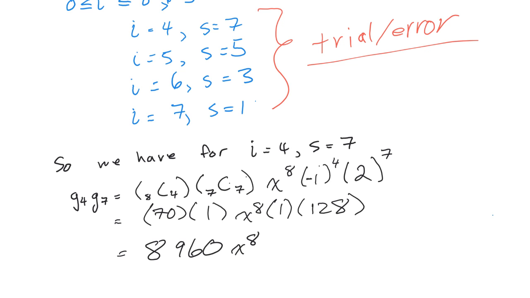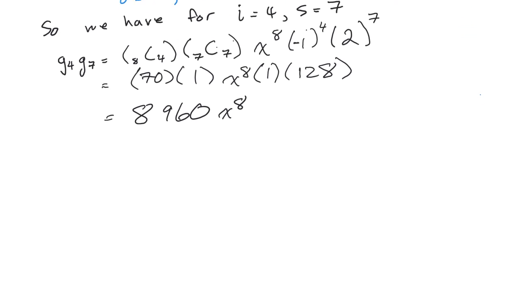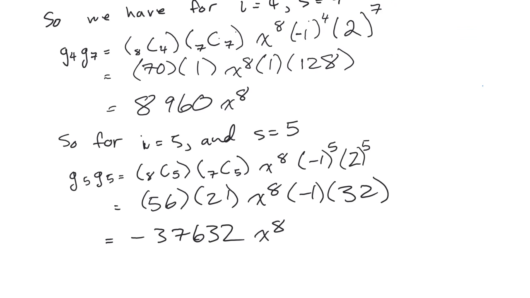So now I'll show you the final three stages that we have to do, because we need the terms for i equals 5, then i equals 6, and these other ones. And here we go. For the second combination, for i is 5 and s is 5, we have this.